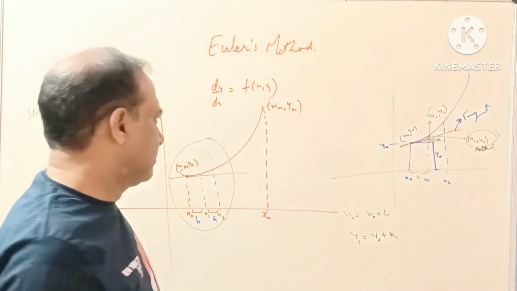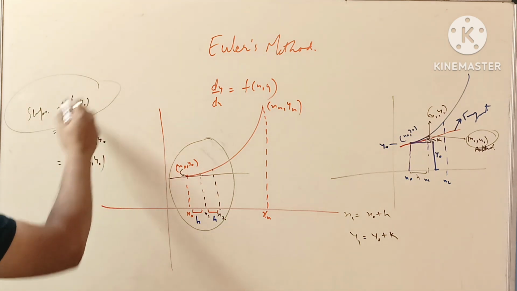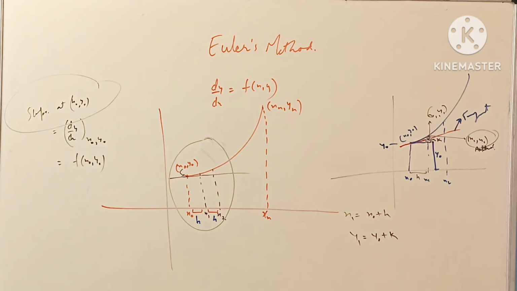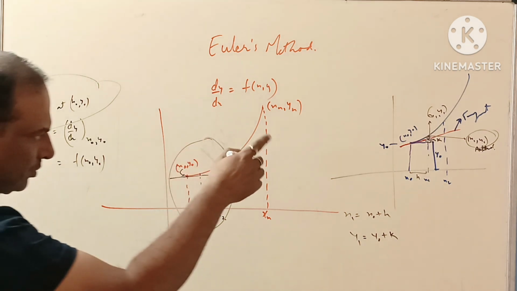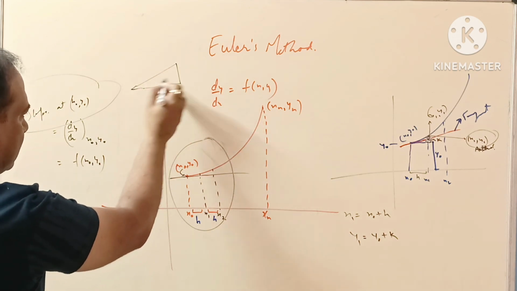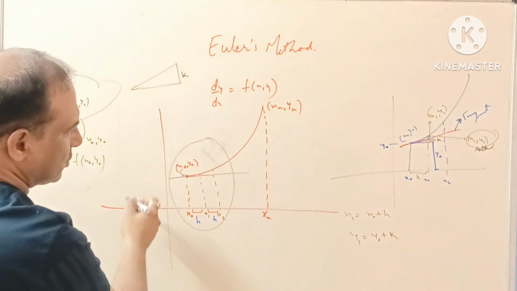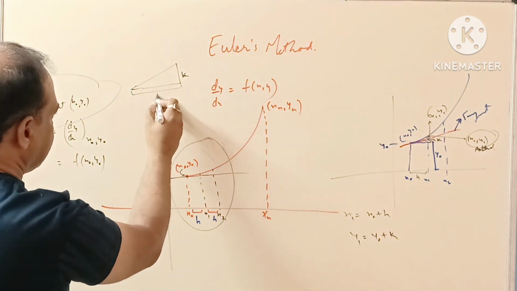Now, one thing is there. I can write the slope at x naught, y naught as d by dx of y at x naught, y naught, which is equal to f of x naught, y naught. Furthermore, if I go with this triangular part, this is k, and this one is h.